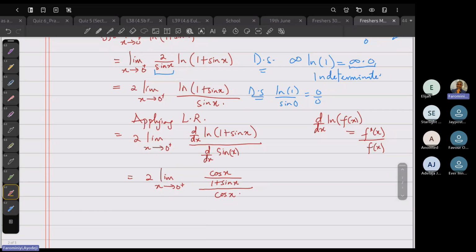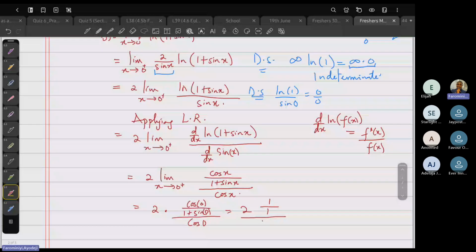If we like, we can rearrange this, but if you don't have time for that, just substitute 0 for x. So this is cos 0 over 1 plus sine 0, everything divided by cos 0, which gives us 2 times 1 over 1 plus 1, everything over 1.